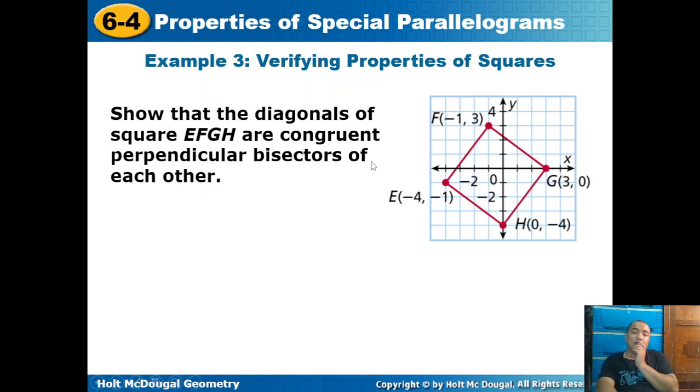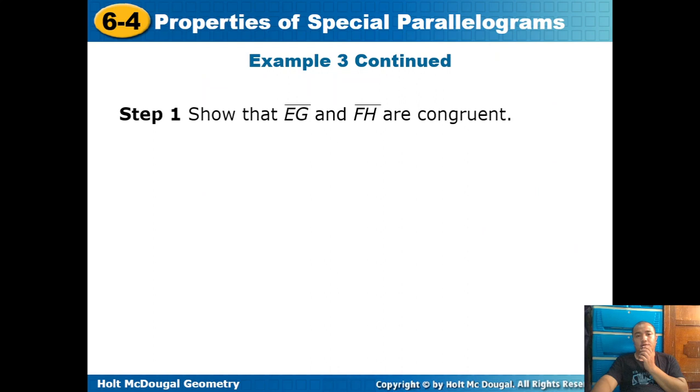And then, for the bisectors, the midpoint. They have the same midpoint. What's the midpoint of FH? -1/2. And here, also -1/2. They have the same midpoint. So, correct, the diagonals of square EFGH are congruent, perpendicular bisectors of each other.